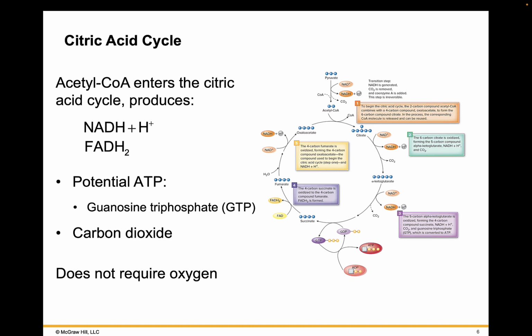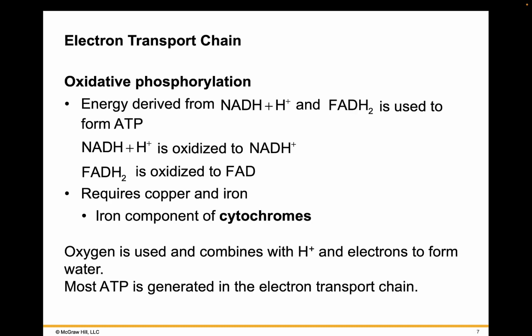Once again, we have carbon dioxide, and we also have some ATP, not a lot, but we have now addressed all of the carbon dioxide that we expect to be produced from the oxidation of glucose in the presence of adequate oxygen. But please keep in mind, the citric acid cycle does not require oxygen.